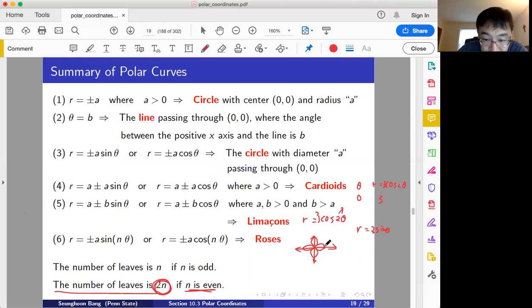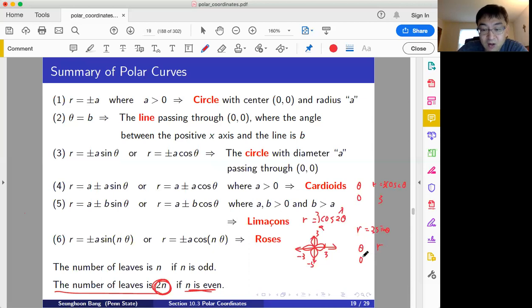Another one, r equals 3 sine 2 theta. So it is like this one. This is 3, negative 3, and 3, negative 3. It is the coefficient of cosine and sine, the length of the leaf. The length of leaf is 3. So similar. You plug theta equal to 0.